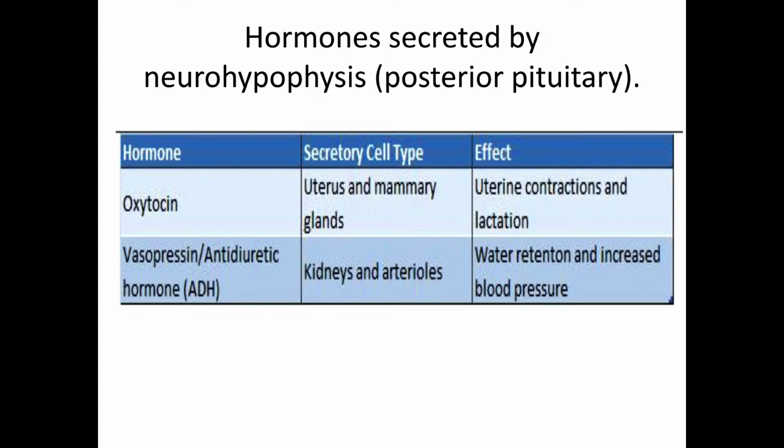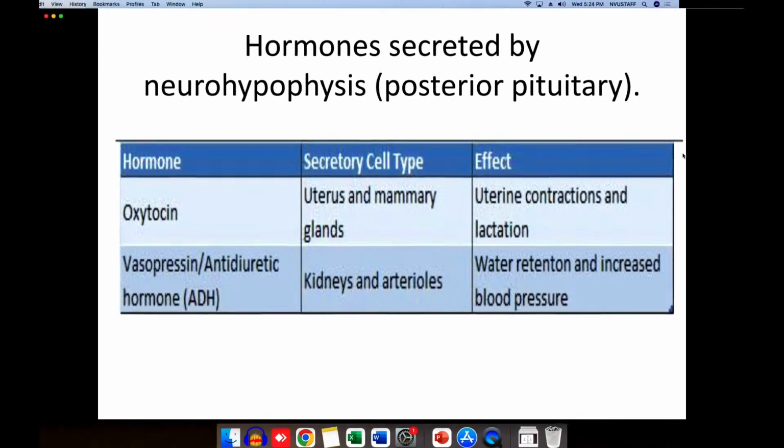And during the active phase of labor, we give oxytocin to stimulate uterine contractions. Vasopressin works on the kidneys and arterioles, causing water retention and increasing blood pressure. We will discuss that. Questions regarding these topics, guys? No? Okay.